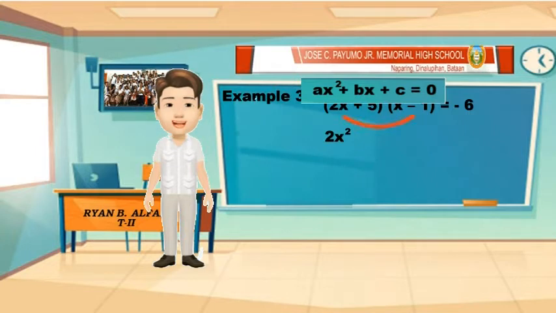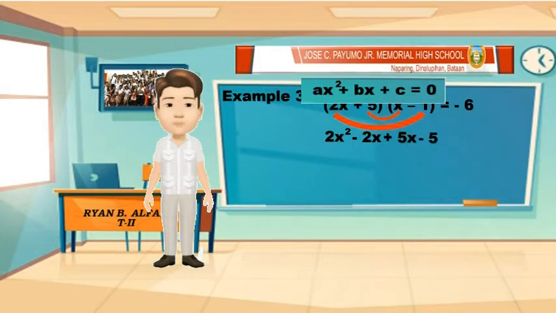So we have 2x times negative 1, and the answer is negative 2x. Then multiply the innermost part of the binomials. We have 5 times x, so we have positive 5x. Then multiply the last terms of the binomials. So we have 5 times negative 1, and the answer is negative 5.